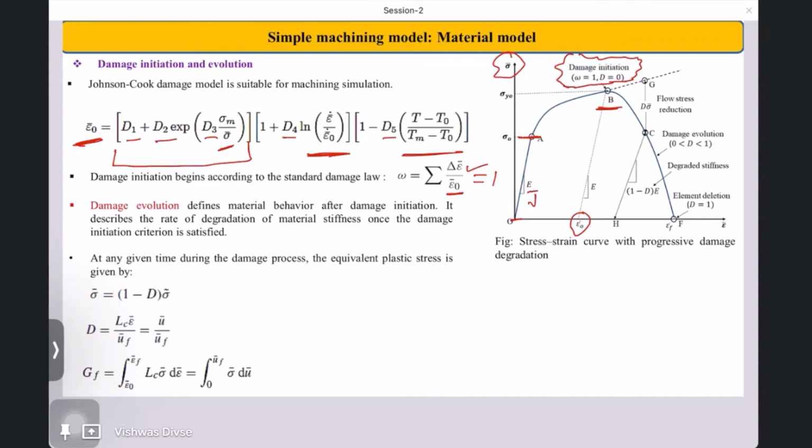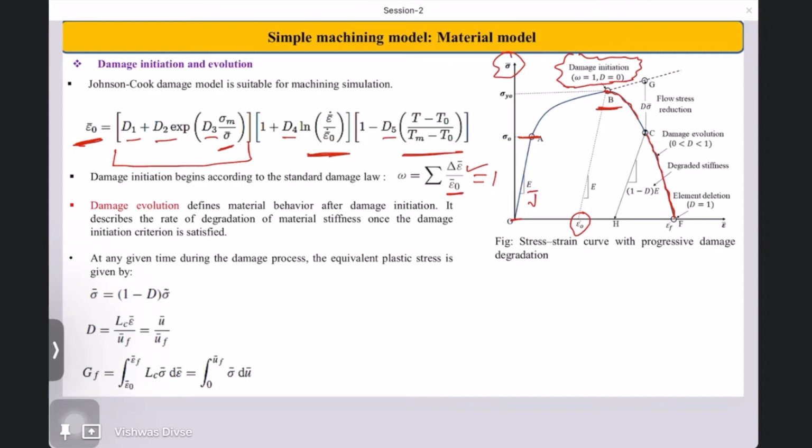But the story doesn't end here. After B, there is one more region shown here, the declining region B, C, F. So that region from B onwards, we call damage evolution.